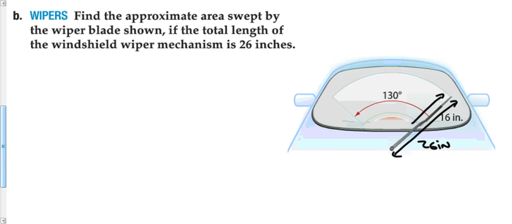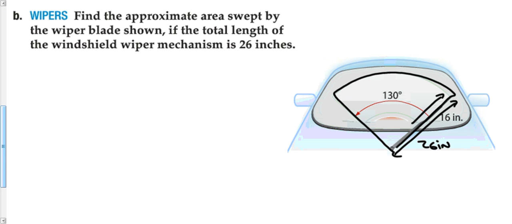Because it's not a whole sector, that would be the whole sector. I can figure that out. We're going to find the area of the first piece, and then we're going to find the area of the second piece.